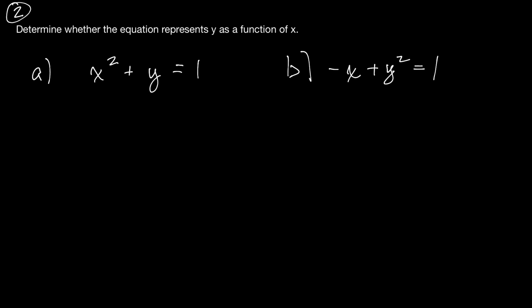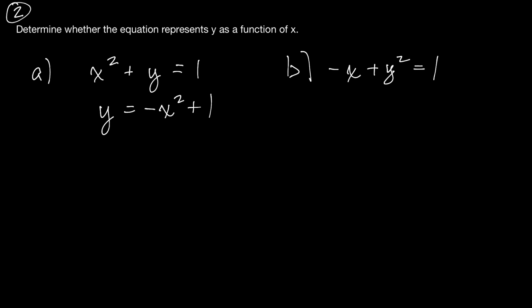The first thing we want to do is solve for y, which leads us into function notation. I'm going to solve this equation for y by subtracting x squared on each side. So that would be y equals -x squared plus 1.